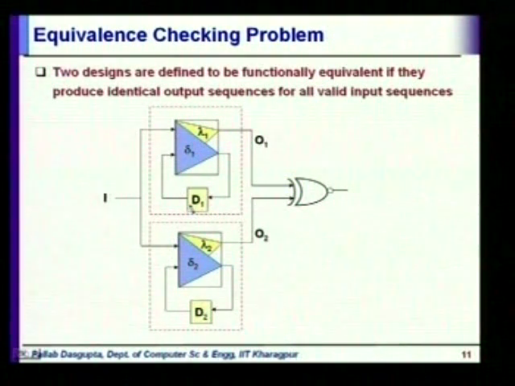So, when we have the register correspondence, what are we going to do? Suppose there is an input here which comes from a particular flop, and we know that that flop corresponds to this flop here.